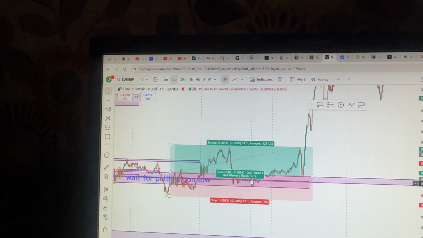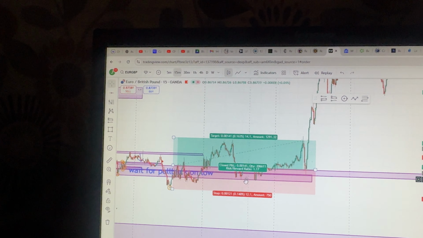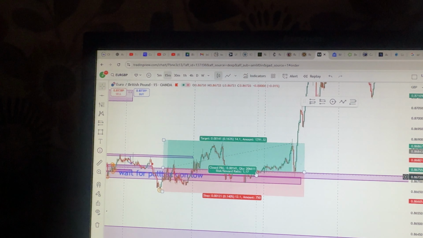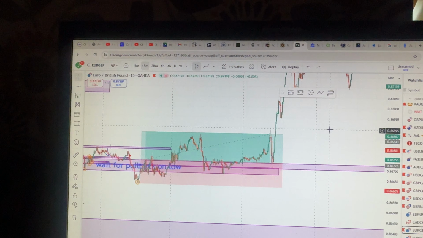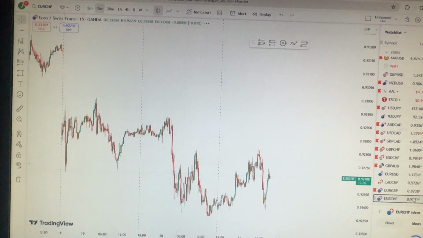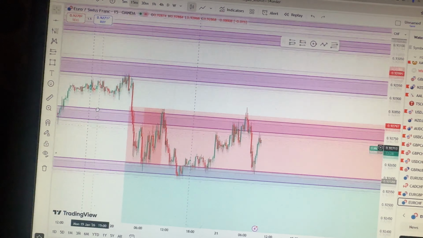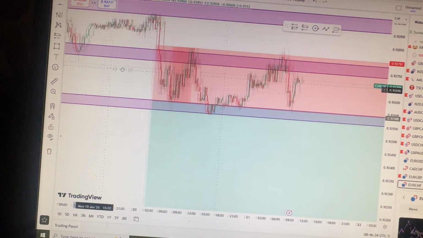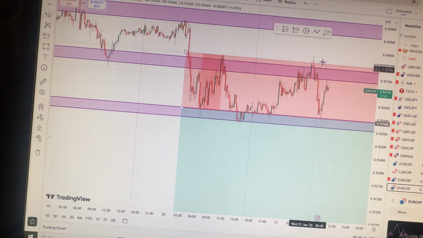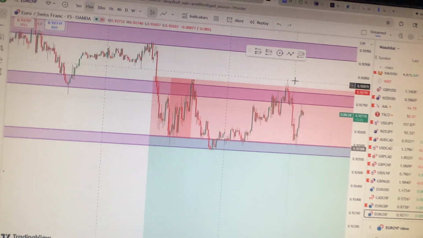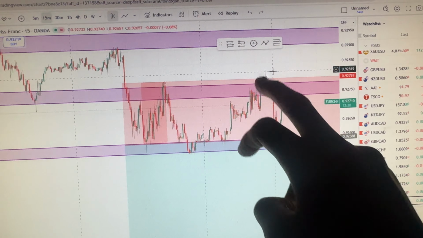Then instead of here, I moved my stop loss somewhere here, then it just went down here and stopped me out, then it made the big move. So yeah, but this one, it definitely stopped me out because my stop loss was way too close. As you guys can see right here, it had to take me out.